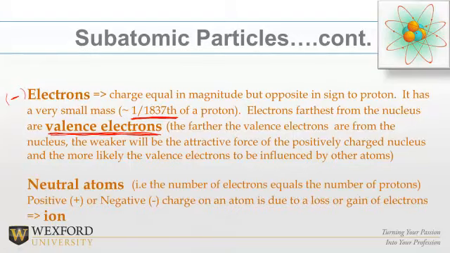But the whole concept here is that atoms would like to have the best of both worlds. There's two things that atoms are really looking for. They would like to be neutral, okay, where the number of electrons equals the number of protons, all right? However, even more so than that, they would like to have a complete outer shell of valence electrons. So there's two things they're looking for.